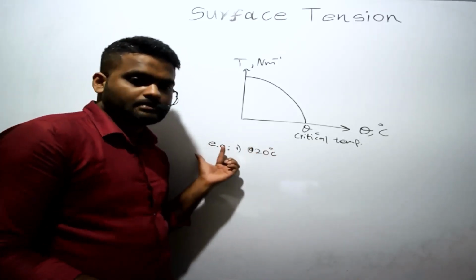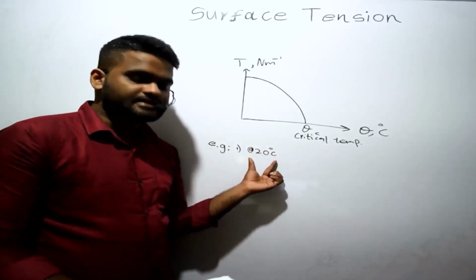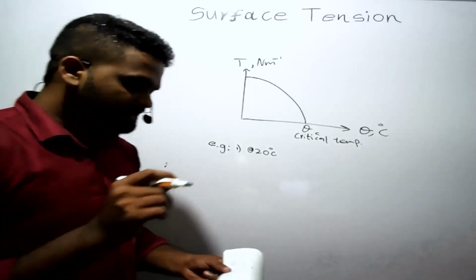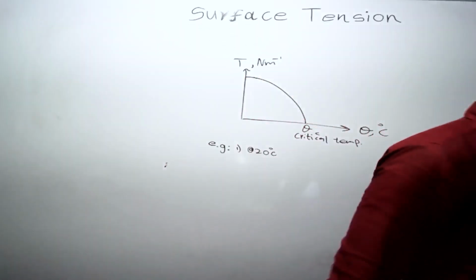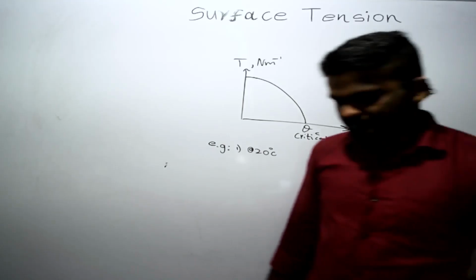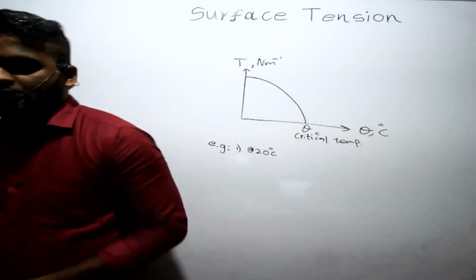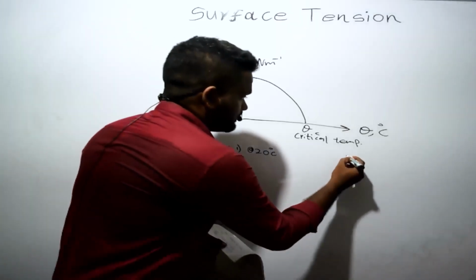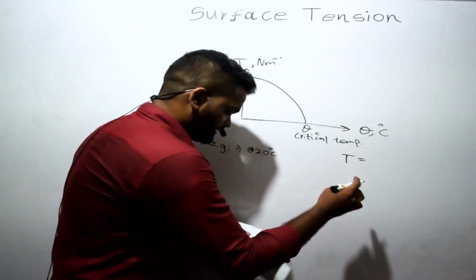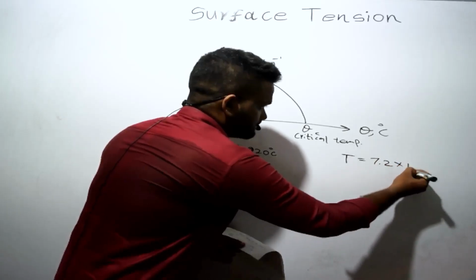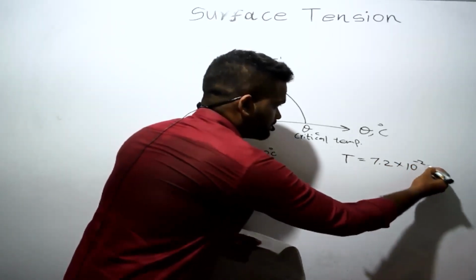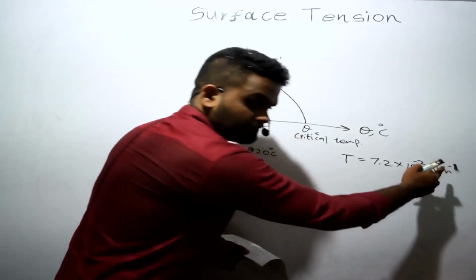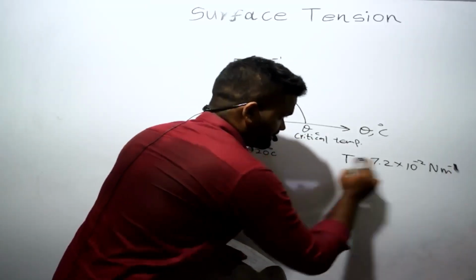Write down: example at 20 centigrade, water in contact with air. In front of it, this value, 7.2 times 10 to the power minus 2 newtons per meter, not square meter, this value.